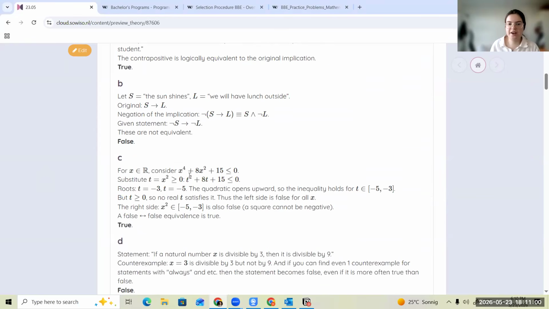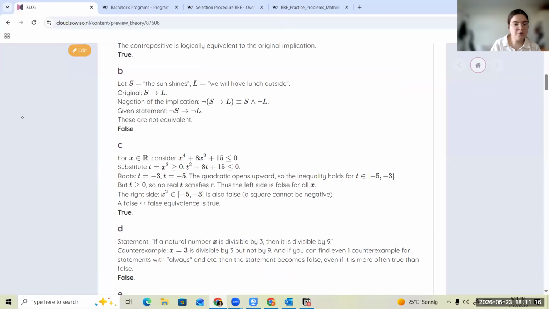Then here we immediately say, okay, we would have to do substitution with t. So t is equal to x squared and is greater or equal to 0, because x squared is only positive or 0, it cannot be negative. So we solve the whole thing for t. We substitute, and it's going to be t squared plus 8t plus 15.